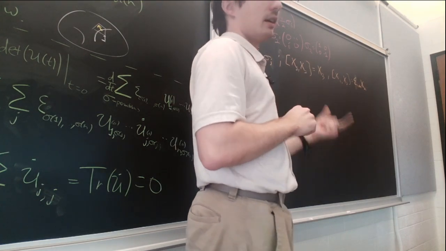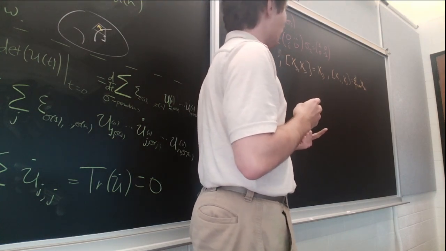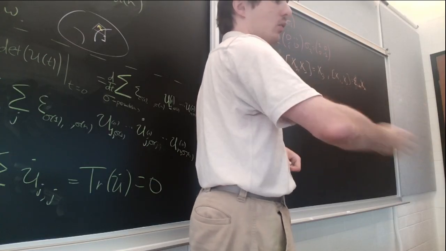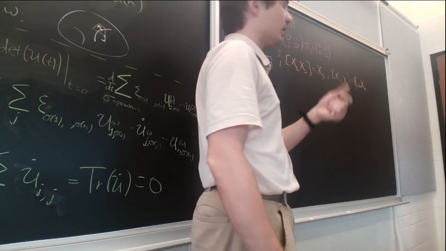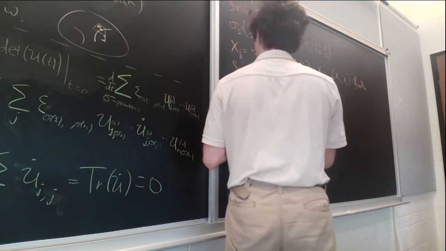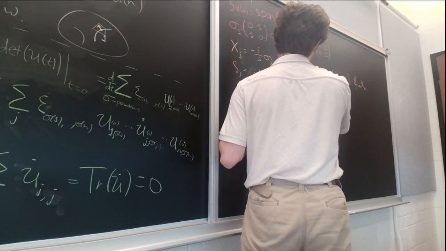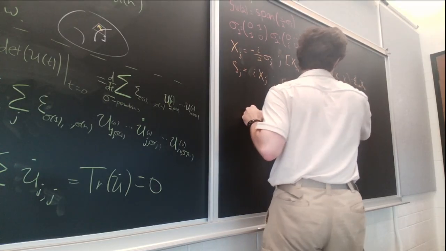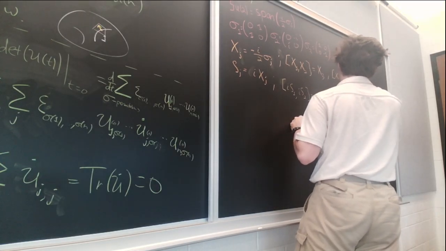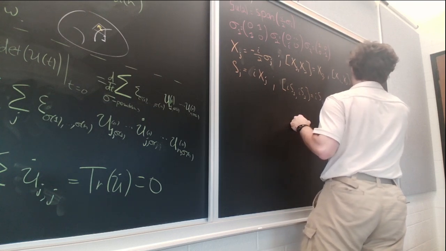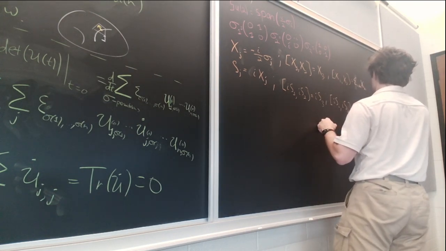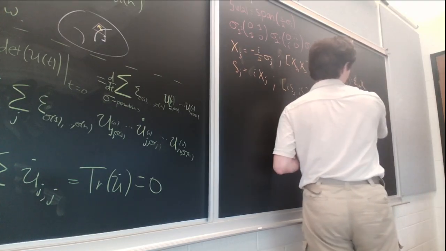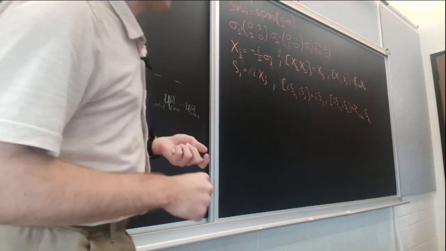Once again, epsilon_ijk is some number which is either 1 or -1, depending on the sign of the permutation of ijk. 1, 2, 3 is 1, and then if you swap any two from there, you get a minus sign. And then these guys have the property that iS1, iS2 is equal to iS3. So, the same thing, but with i. Don't confuse this i and this i, they're different i's. Good. Right.